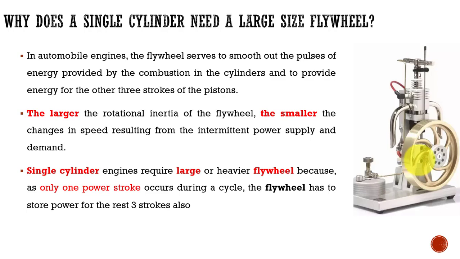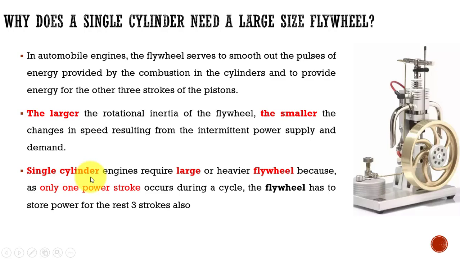Due to that, it is capable of retaining its speed for a particular time, so that intermittent power supply and demand can be met. It will not lose its energy all of a sudden, because being larger in size it is capable of storing more rotational inertia, so it can retain the same speed. Why for a single cylinder engine?